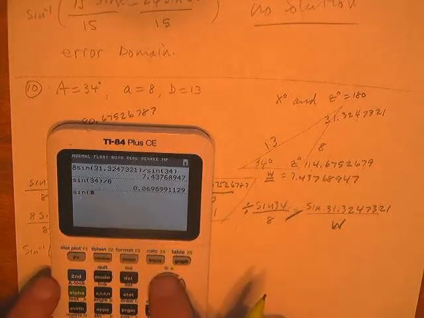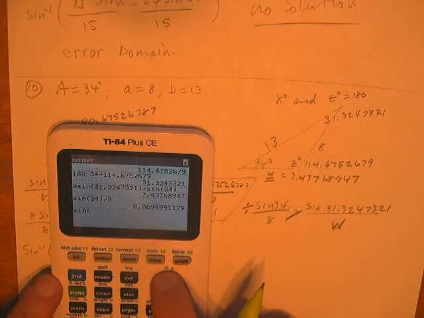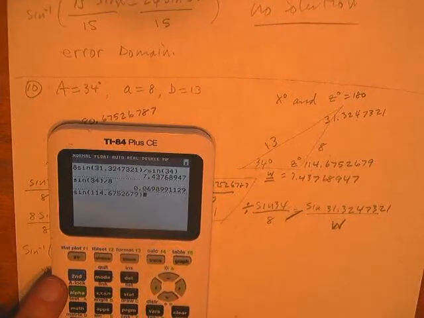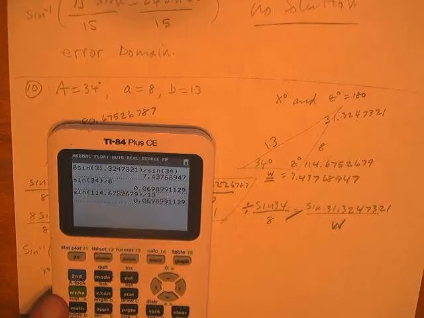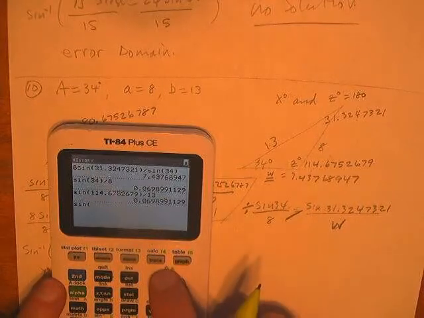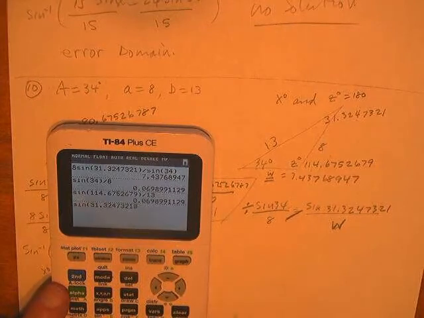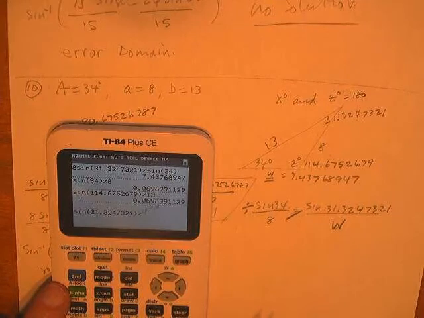So I need sine of the 114 number. There it is. Let's divide that by 13. This is going to be the same decimal. And then let's do the sine of the 31 number. There it is. Let's divide that by the 7-point number.